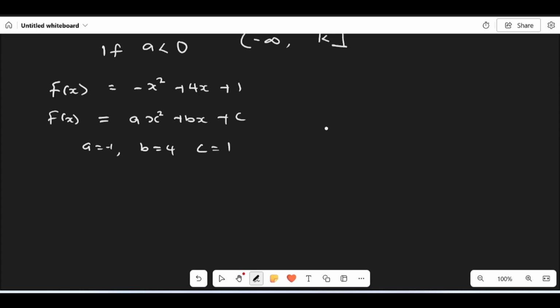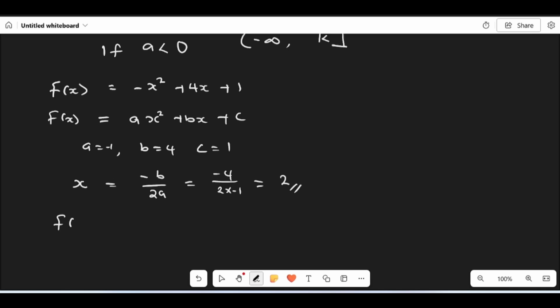Let us find the x coordinate of the vertex point. Our x equals, the formula is minus b over 2a. Let us substitute our values: minus 4 divided by 2 multiplied by minus 1. The answer is going to be plus 2. Let us find the y coordinate by substituting 2 into this equation.